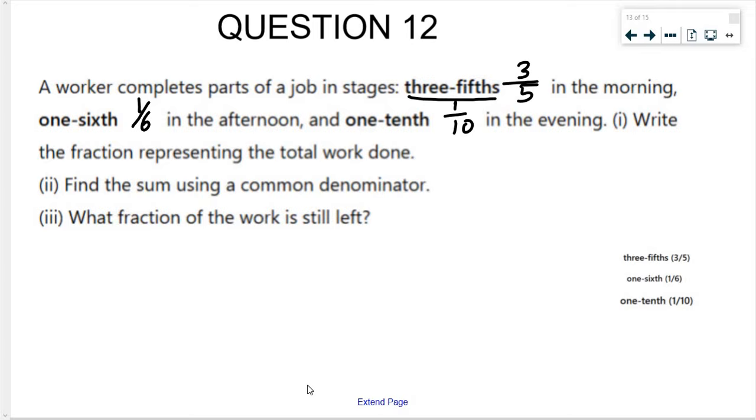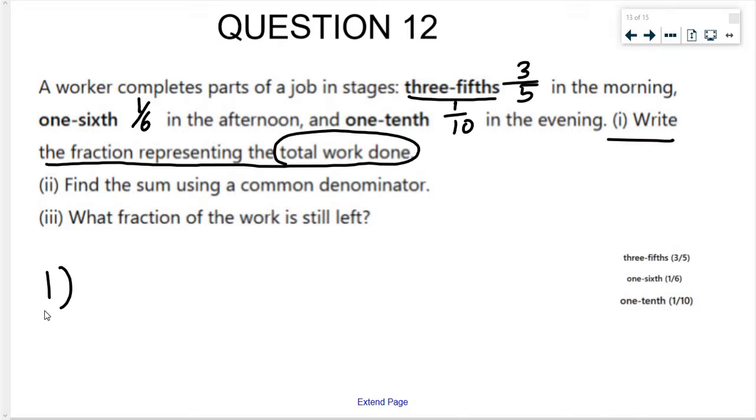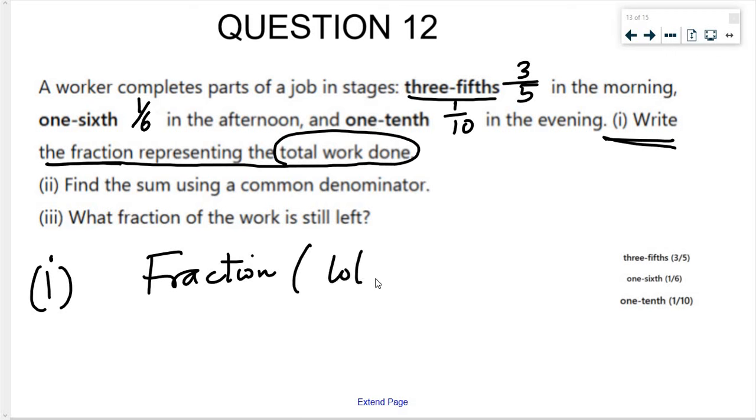So you have 3/5, 1/6, 1/10. Write the fraction representing the total work done. So question 1. Write the fraction which represents total work done.